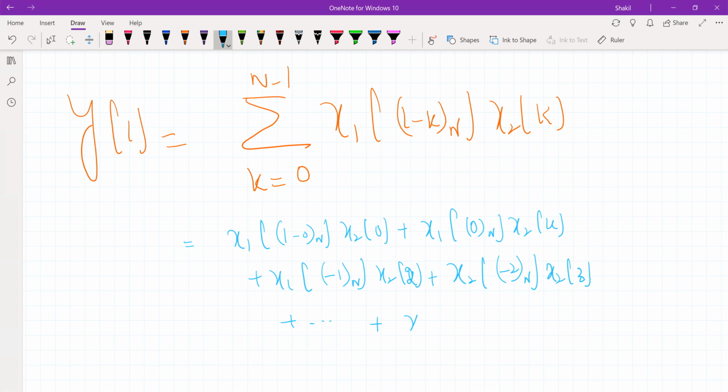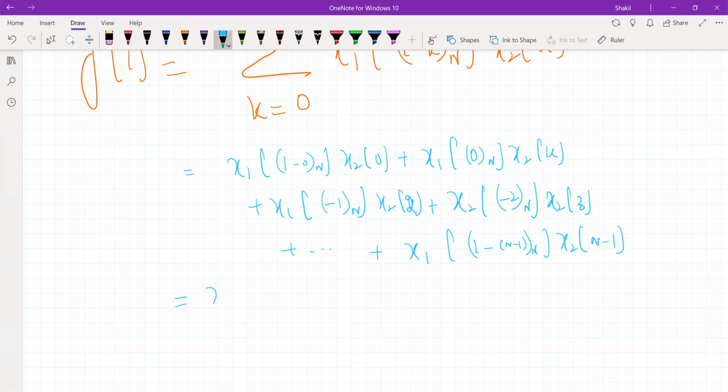The last point will be x1 of (1 minus (n minus 1)) modulo n, times x2 of n minus 1, where k is equal to n minus 1.